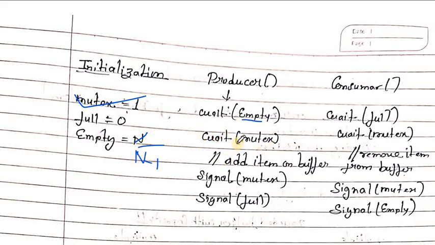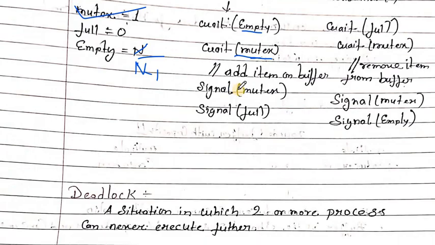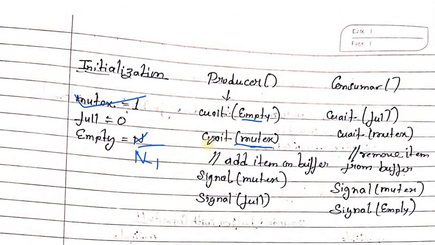Now the wait operation checks the mutex. Mutex tells whether the buffer is locked or not. If the buffer is locked, the producer cannot add any value into the buffer. But here the mutex is 1, so the value is decremented by 1 and becomes 0, and the producer enters the array buffer.